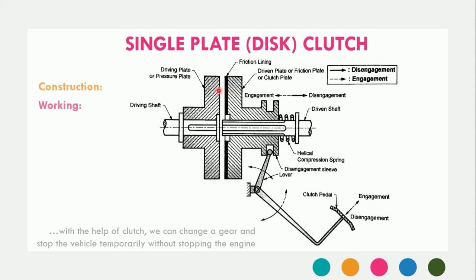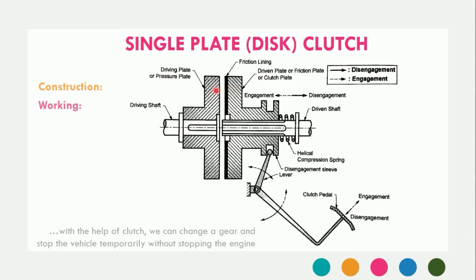Now in this engaged condition, torque is transmitted from the driving shaft to the driving plate by means of the key. Further on, from that driving plate, torque is transmitted towards the driven plate by means of this friction lining material.